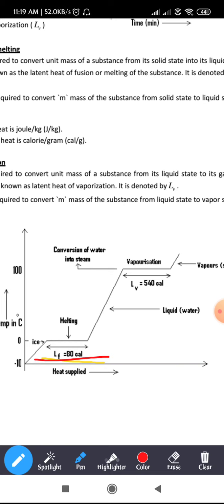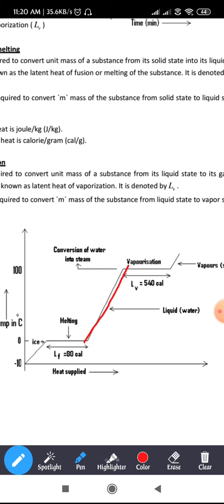Next, you can see there is no increase in temperature here, right? As long as the change of state takes place, there is no increase in temperature. When the 0 degrees Celsius ice gets entirely converted into water, then you can see the increase in temperature here.